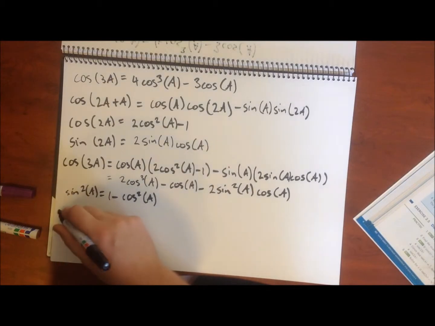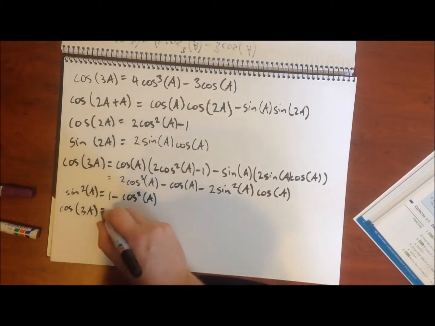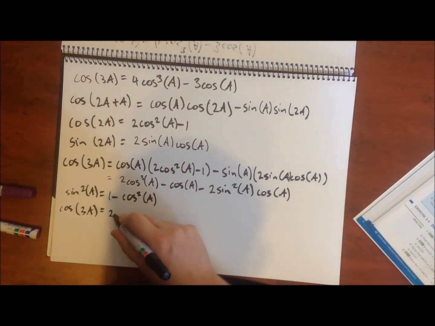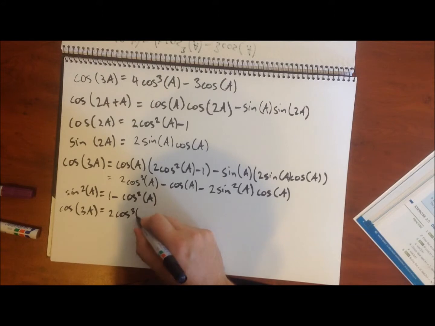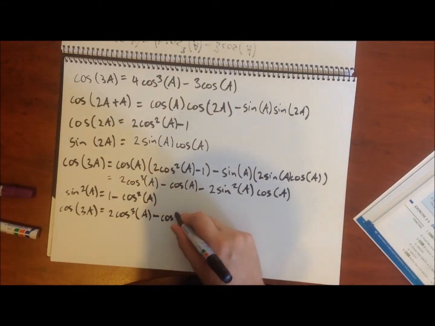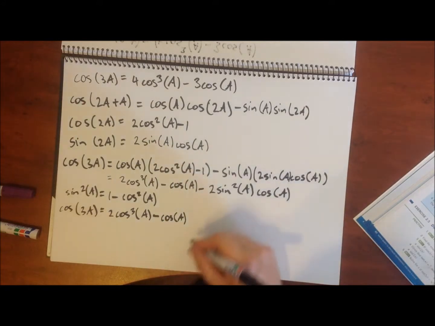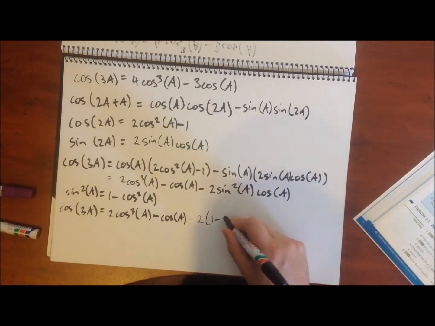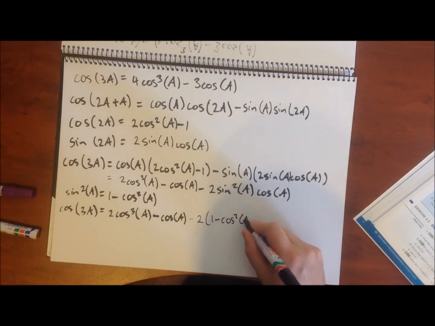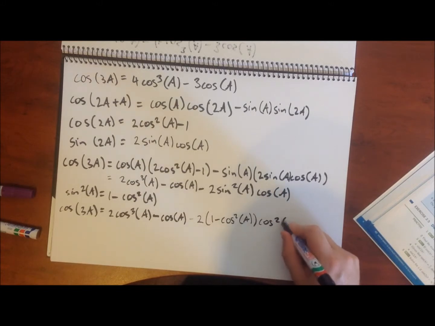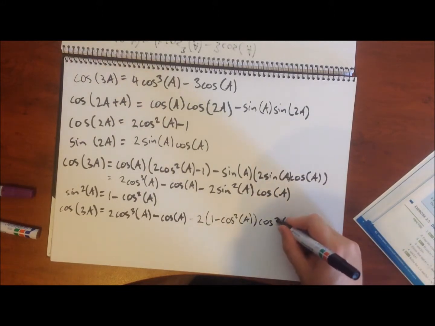And when we do that, we find that our cos of 3A is going to be equal to 2 cos cubed of A minus cos of A, take 2 times 1 minus cos squared of A, cos squared of A, cos of A.